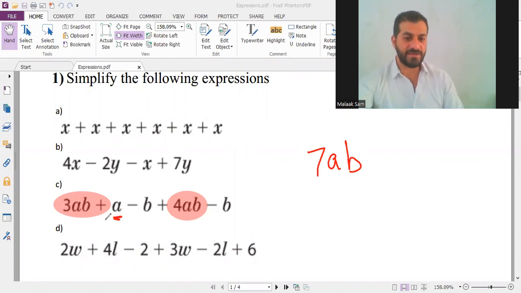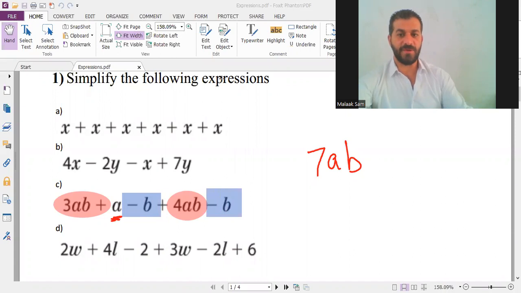There is no other a's, only this term. And I have minus b, this one, and minus b, this one. So minus b and minus b together, when we combine them, we get minus 2b. So we write minus 2b.